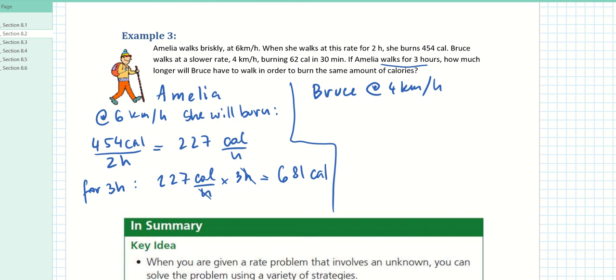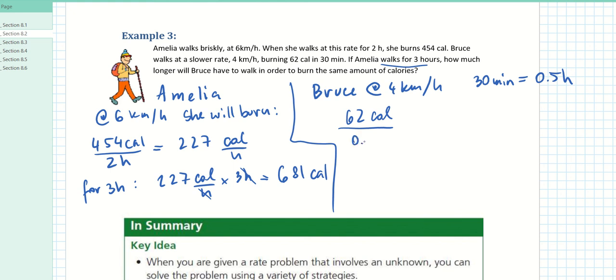Because we have kilometers per hour, we have to match our time units. So remember, 30 minutes is 0.5 hours. So let's take our calorie burning units of 62 calories per 30 minutes, but we're going to change this to 0.5 hours because we want to match our time to hours.